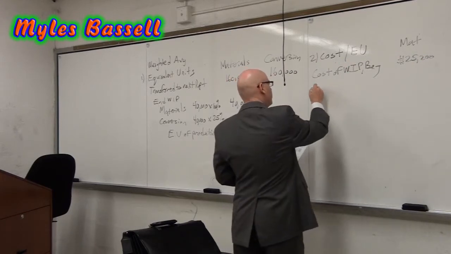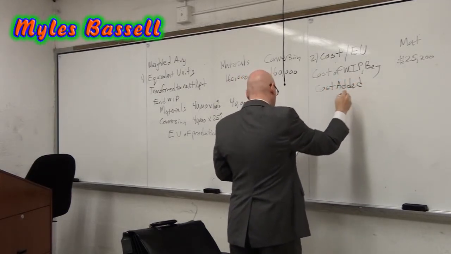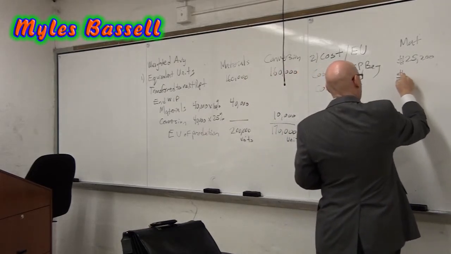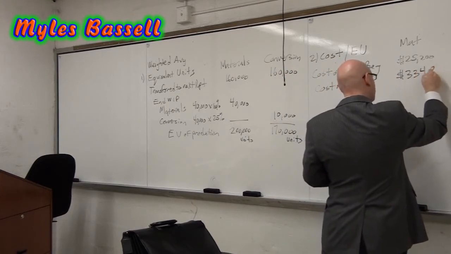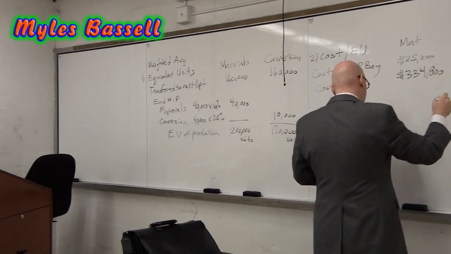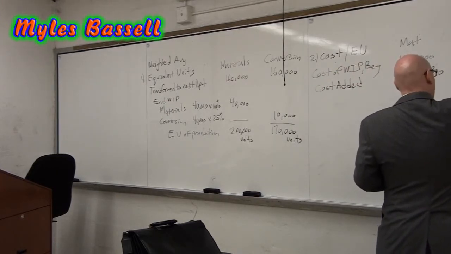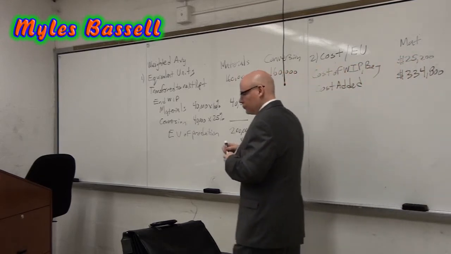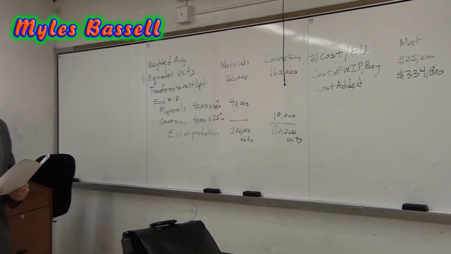Cost added: they tell us materials is 334,000, and conversion is 38,700. What do we mean when we say conversion cost? What's the conversion cost?